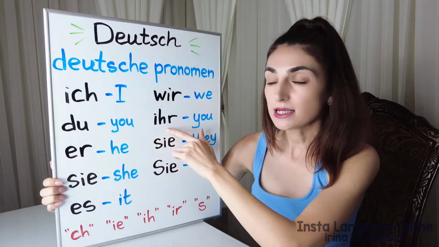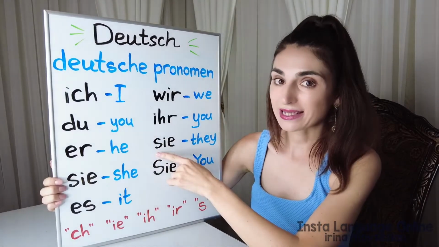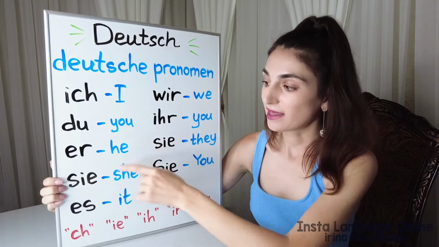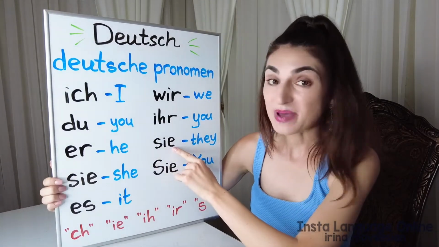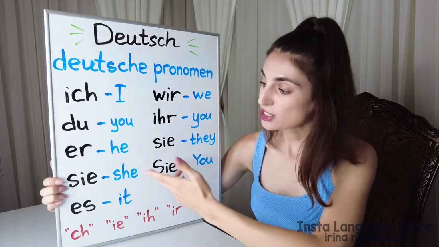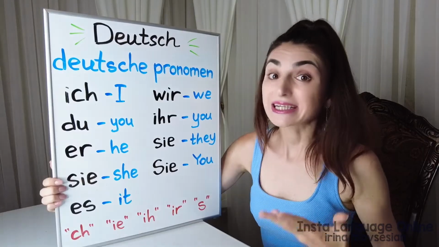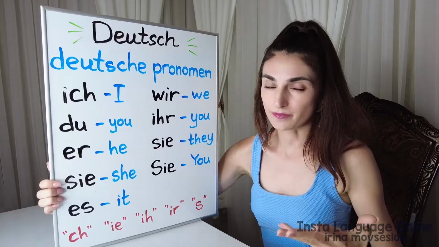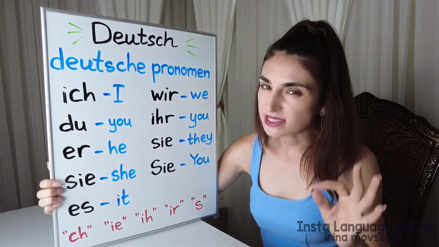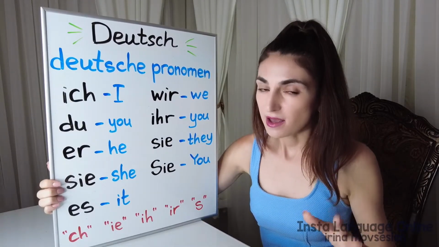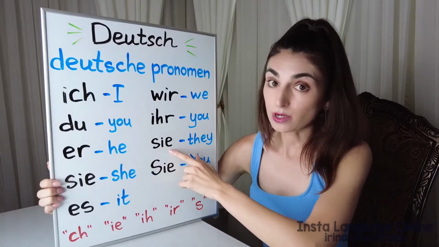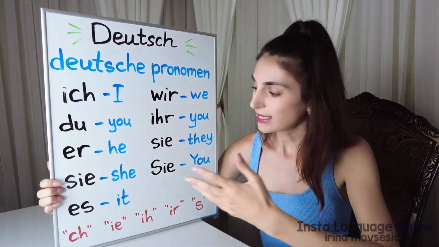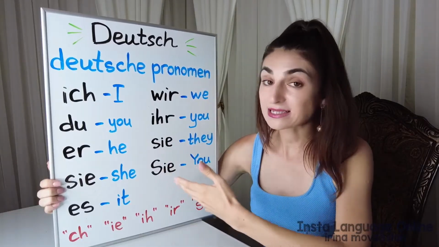Ihr. Okay. Next one is Sie. That's the same word. Huh? Well, basically, they and she in the German language, it is the same word. How are we going to distinguish the difference? The verb that will follow the noun will show you, is it they or is it she?